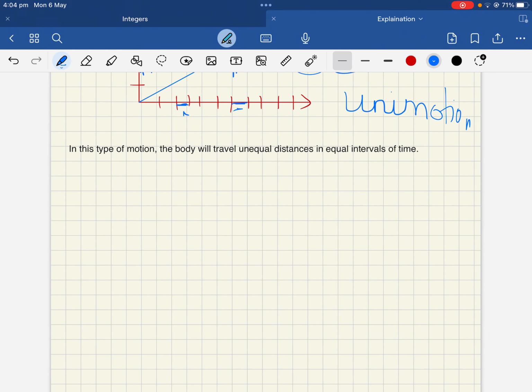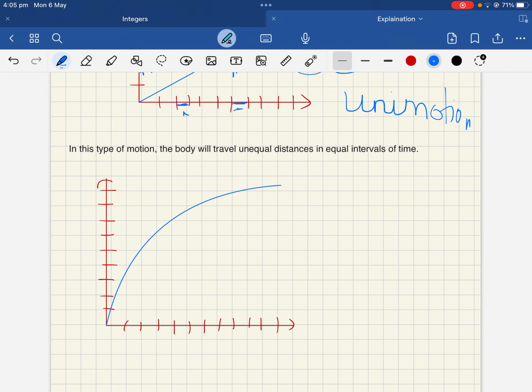Next, we have the opposite of this, non-uniform motion. What is non-uniform motion? Let's understand. This bottom line is the distance, and the line perpendicular to the distance line is the timeline. For example, the graph of non-uniform motion goes like this.